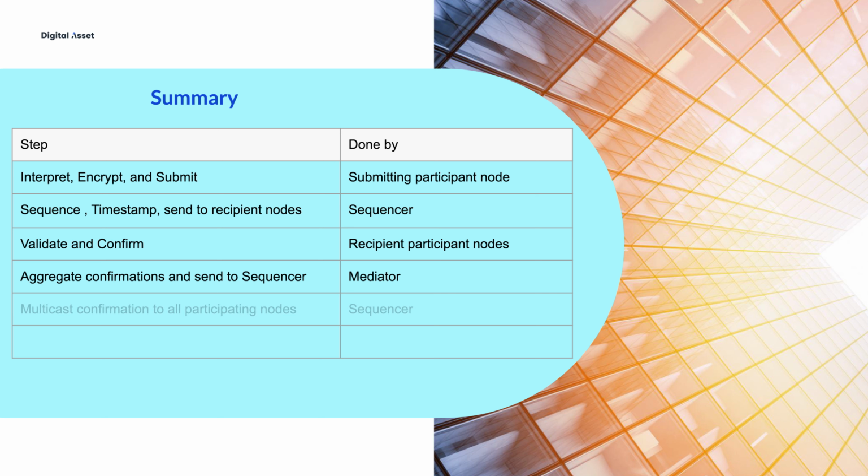The sequencer then multicasts confirmations to all the participating nodes, which then commit the transaction in their local PCS. In this way, the Canton protocol ensures atomicity of transactions and preserves privacy of the data that flows amid the transaction.